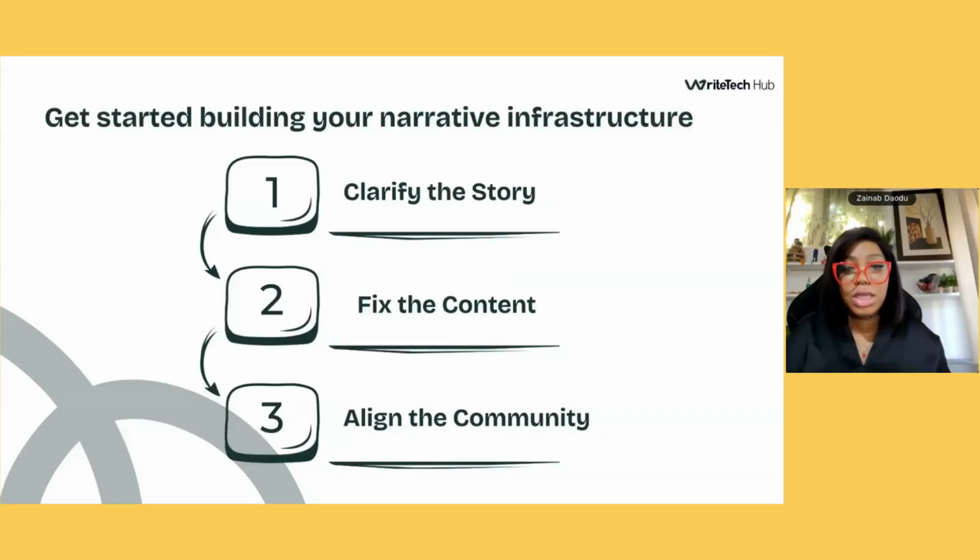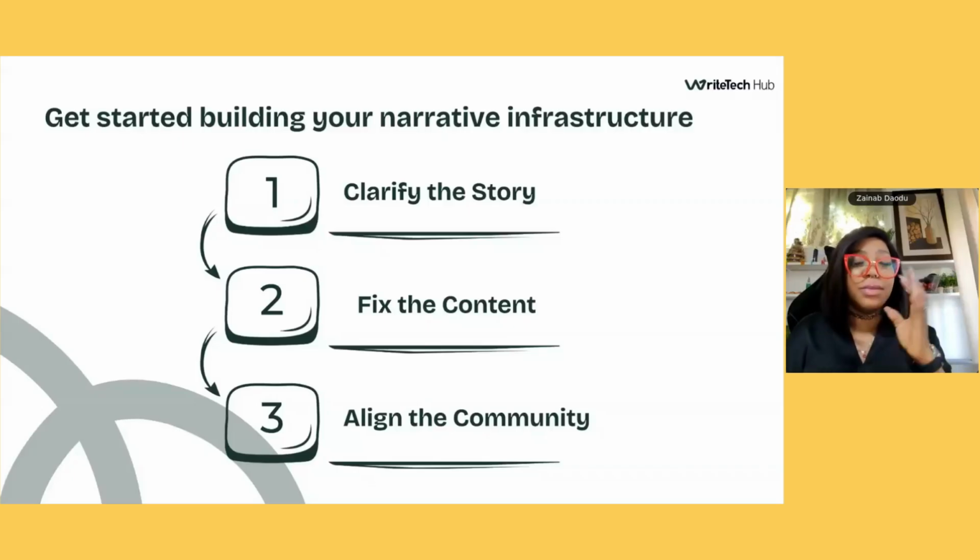Once the story is clear, next turn that story into content, practices, and processes through your README file, your contributing file, your issue template, PR template, all the resources that contributors are going to be using to interact with that project. You want to put your story into that content. And then finally, sync with the community to make sure that everybody is on the same page.